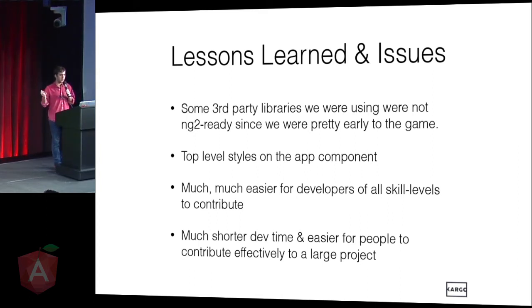So you're free to use class names like header or title. Traditionally you wouldn't want to use class names like that because they're too generic and they could end up applying to the wrong elements. With Angular 2, this view encapsulation feature means that you can create styles like that and you don't have to worry about that leaking across the app.